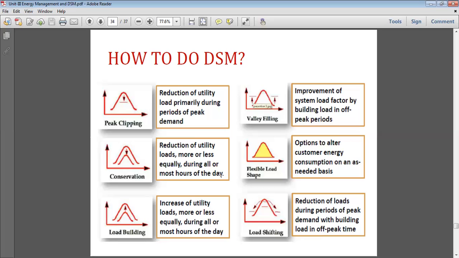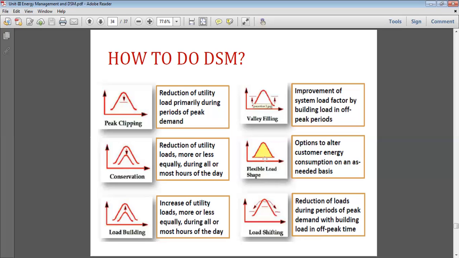So we will replace with energy efficient machineries where the consumption is more, and the machine which is going to operate for a large period of time in hours. So the reduction of utility load is more or less equal during all or most of the working day.